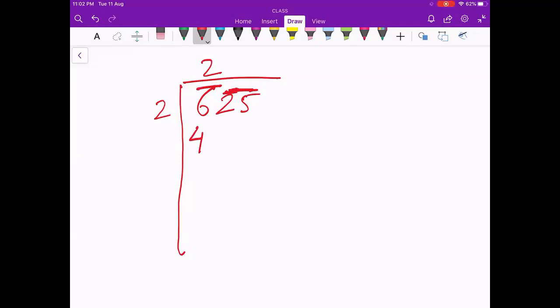If we take 3, then 3 into 3 will be 9, which is greater than 6. And if we take 1, then 1 into 1 will be 1, which is quite less than 6, and the difference will be much greater. So we have to take that number whose square is just less than or equal to 6.